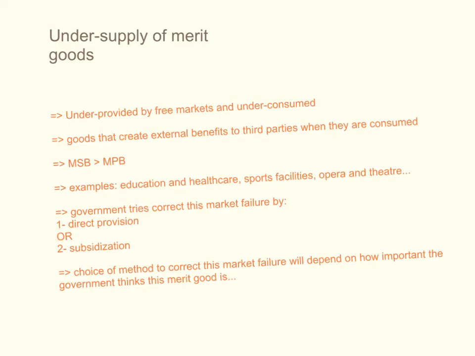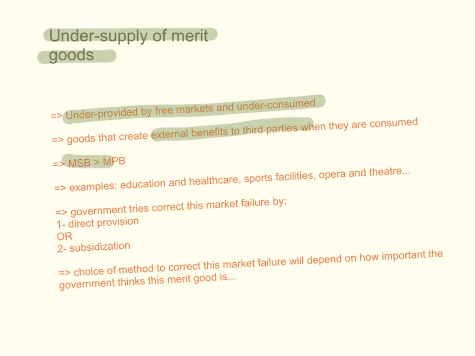These were explained in previous videos, but I thought it's worthwhile to refresh our memories. Another type of market failure is the undersupply of merit goods. We know that merit goods are underprovided by the free markets and they are underconsumed. These are goods that create external benefits to third parties when they are consumed. Those goods have higher social benefits than the private benefits.